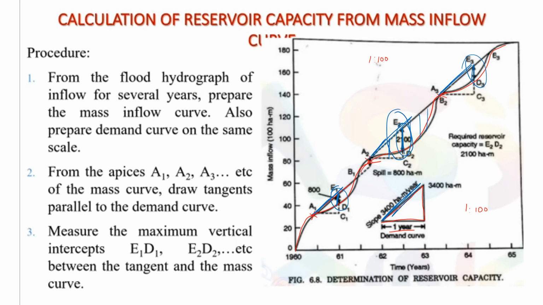The next step is finding the maximum vertical intercept from each of these tangents, and the last step is to select the vertical intercept which gives the maximum value, which will be the reservoir capacity.